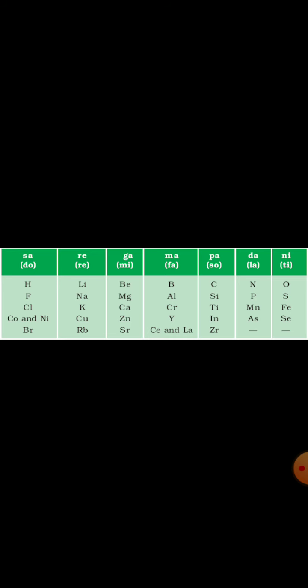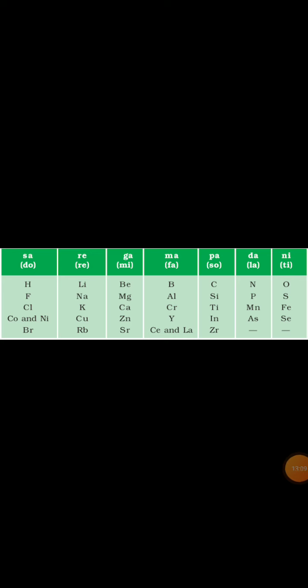Iron is in the last column. So this is the disadvantage, right? That the properties of elements are similar, but they are placed far away from each other. Also, cobalt and nickel are placed together to fit into the group.